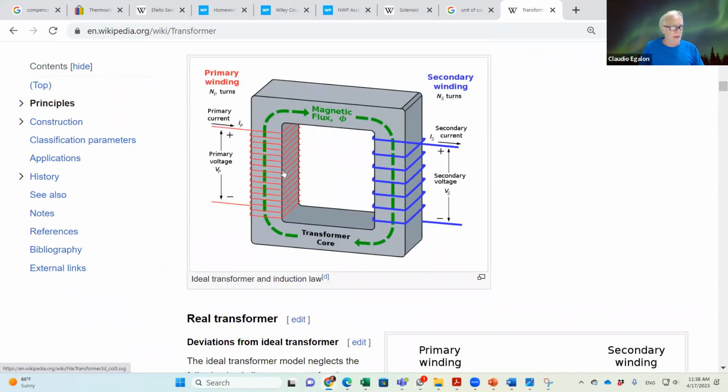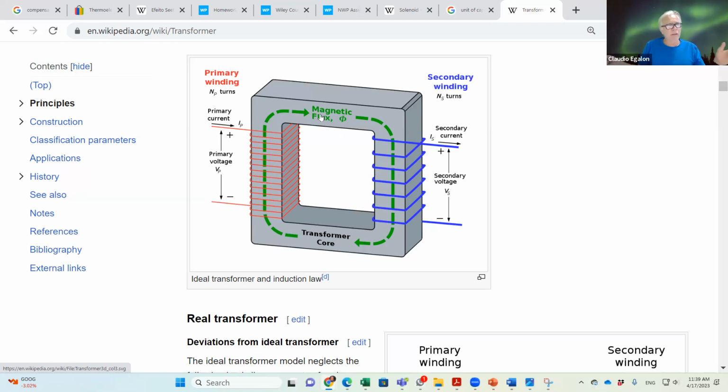We have a conducting donut, a square donut. Usually it's like that. You wrap the wires around one side for your primary device, and wrap the wires around the other side of this device. So all the magnetic flux is transferred from the primary device to the other one within this transformer core.